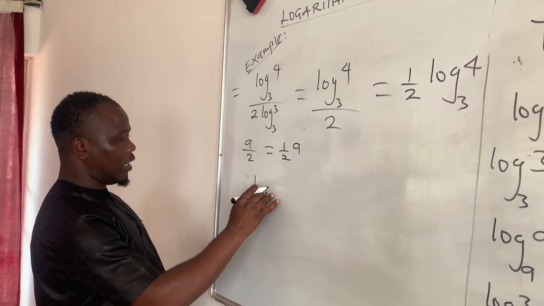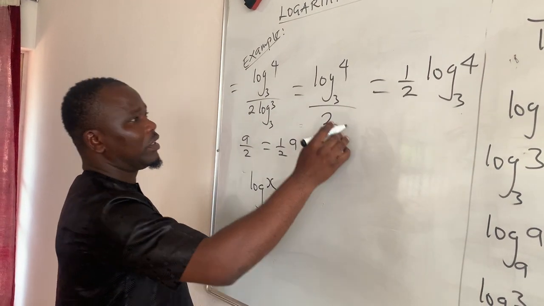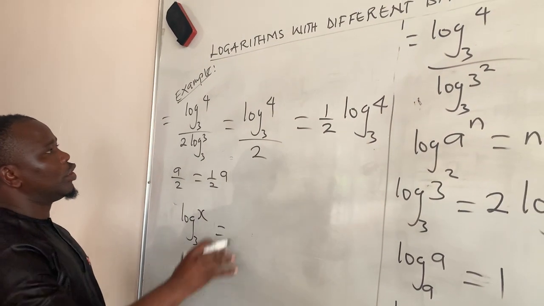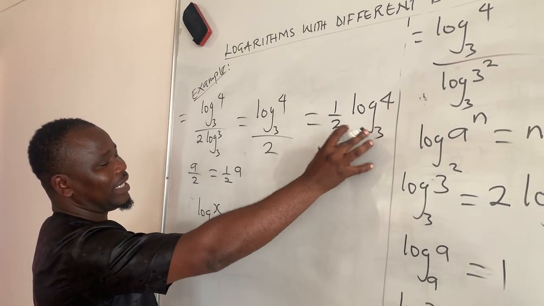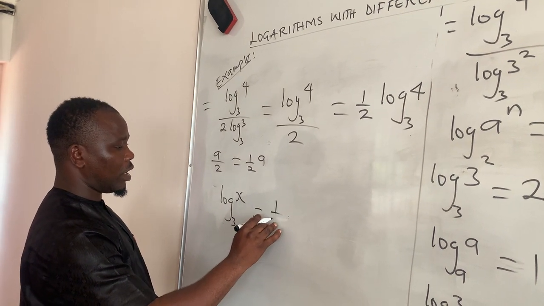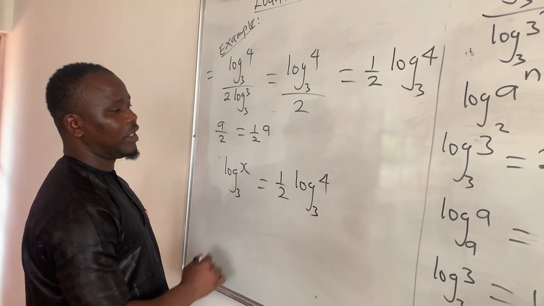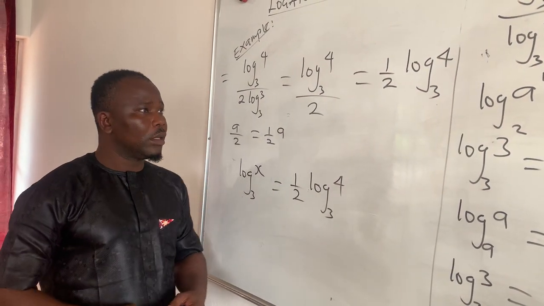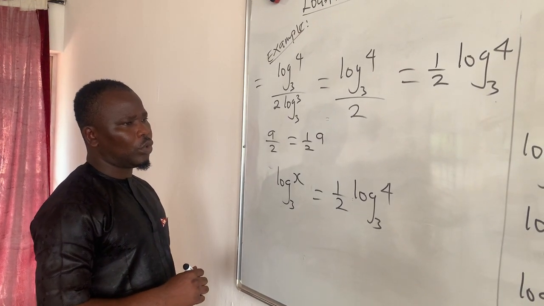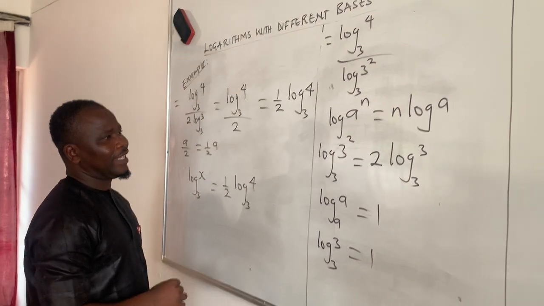Recall that we have log x base 3 equals log 4 base 9, which we have converted to 1 all over 2 log 4 base 3. Are you following?